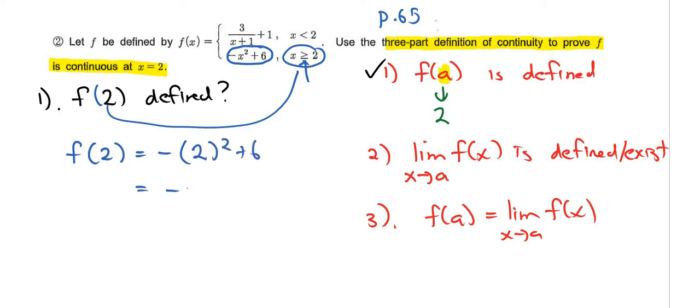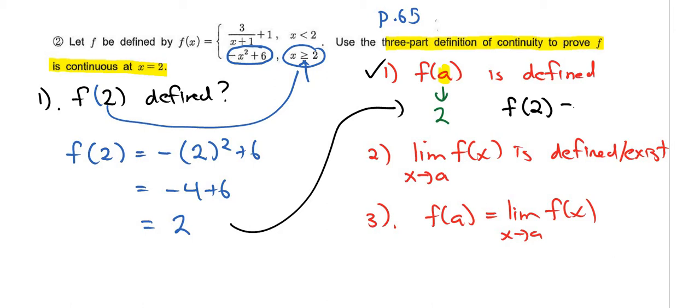This will give you -4 plus 6, which equals positive 2. So we're actually done now for part 1. If I go back to my list here, I can say that f of a, or f of 2, equals 2 in this case. This 2 right here is that 2 right there, and this 2 right here is this 2 right there. Hopefully the letters are okay for you.